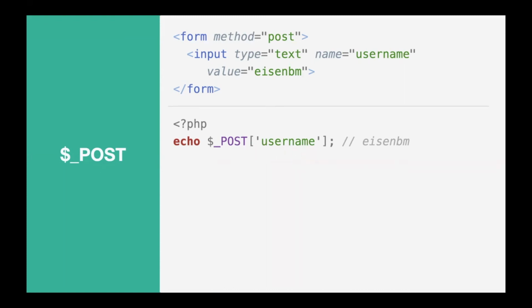And it would have the value that matches the value of our input. So that is how we can retrieve form data. And from that point, we can then use that data however we see fit within PHP.